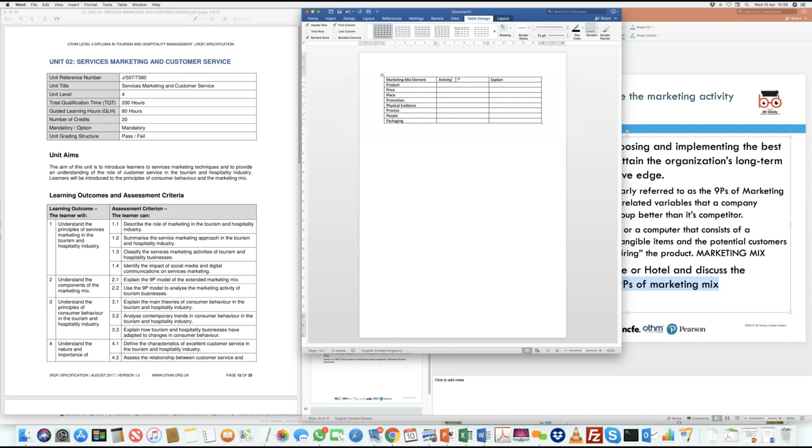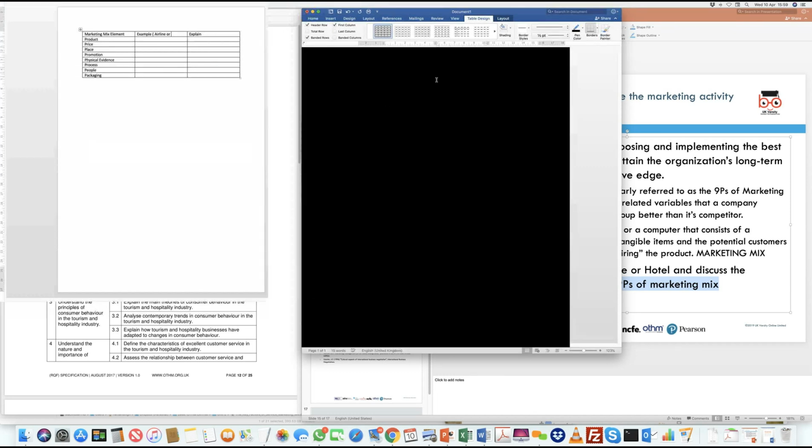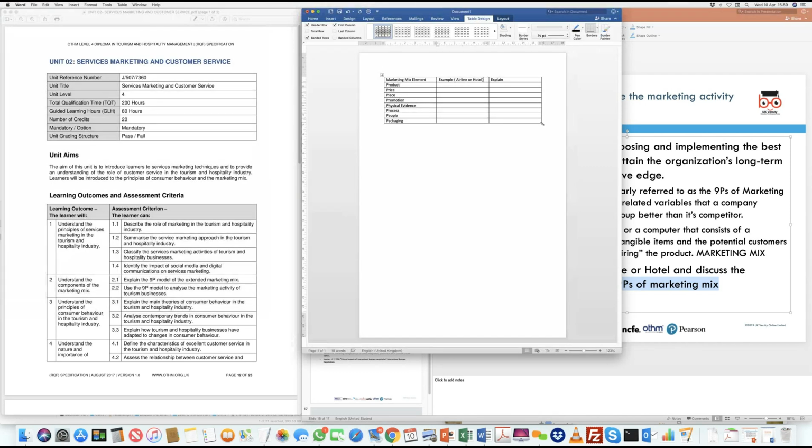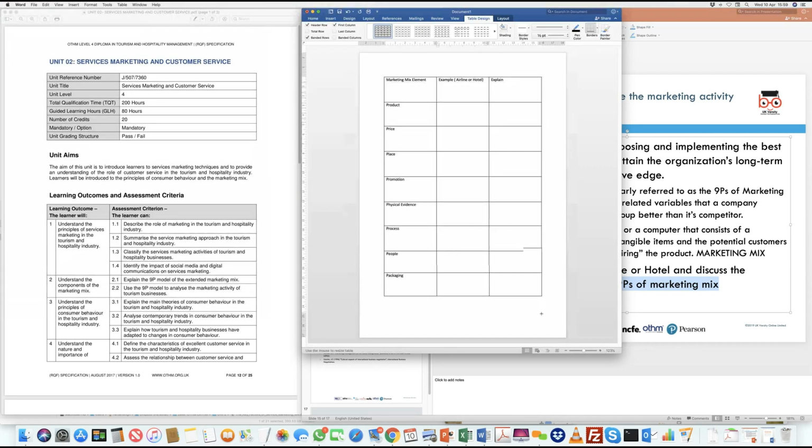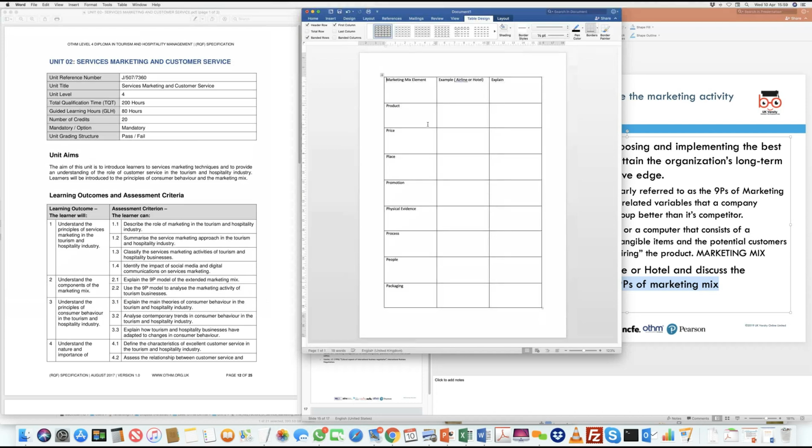And then, because you're taking an example here, I would say an example which could be an airline or a hotel, and how would they apply this, how will they treat each of this marketing mix is what I would suggest that you explain in that example. So here, if I say product, what is the product for the airline? It's seats. And what are the different types of seats?